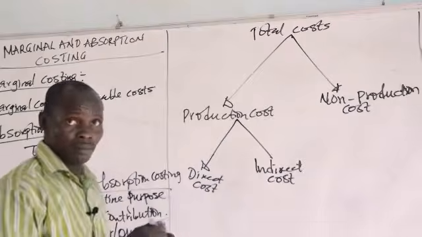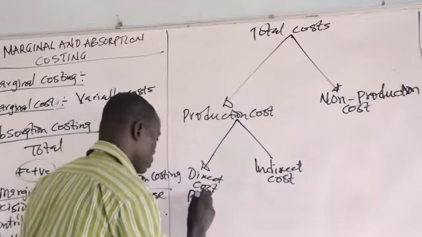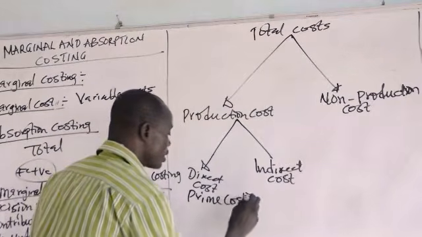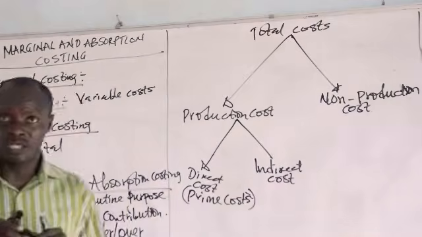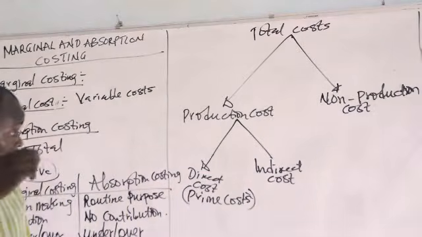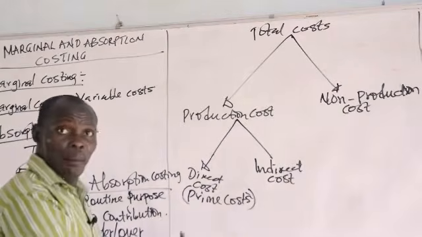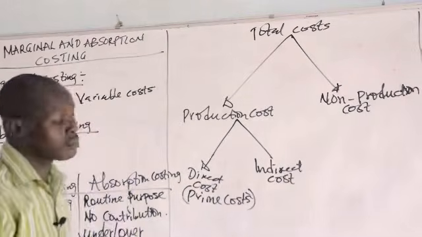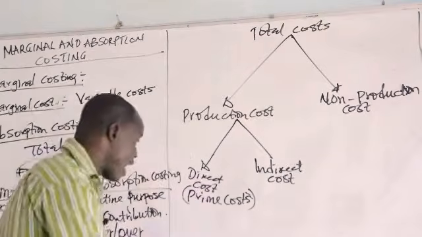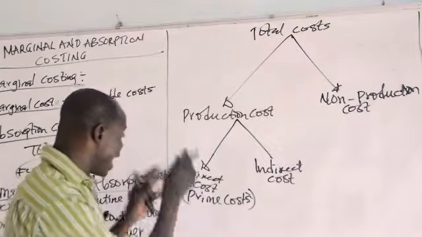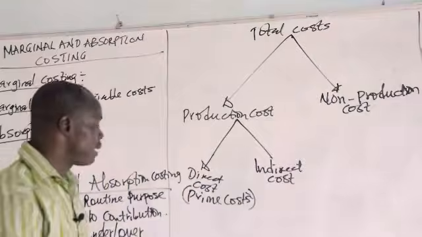Direct costs are prime costs. Prime cost is the aggregate of the direct materials, direct labor, and direct expenses.